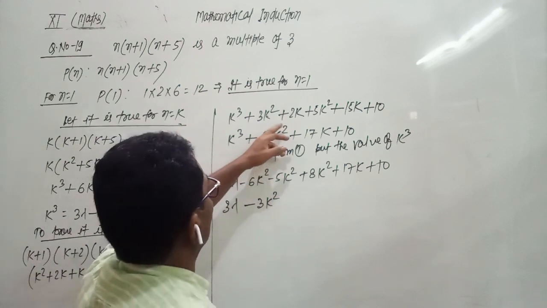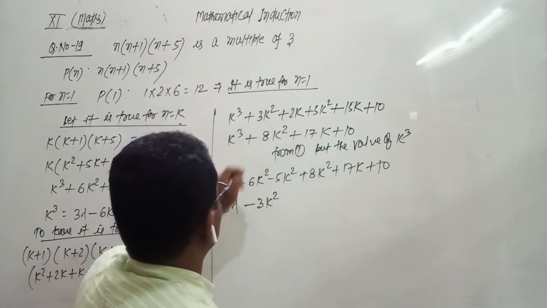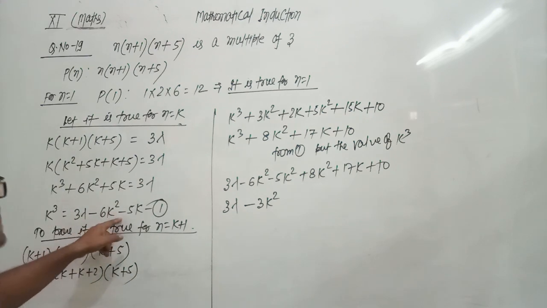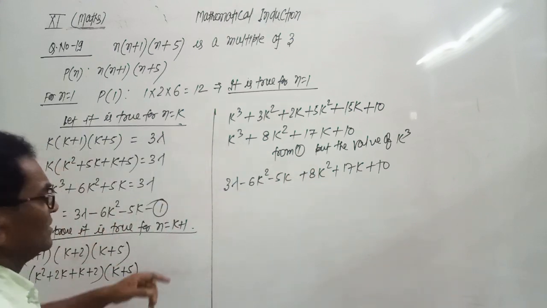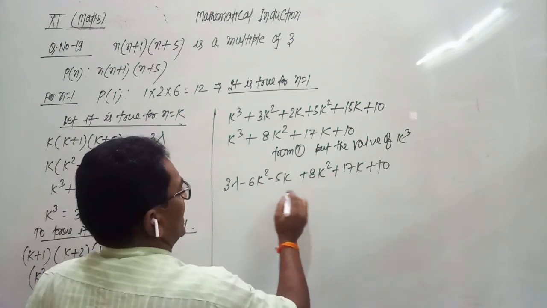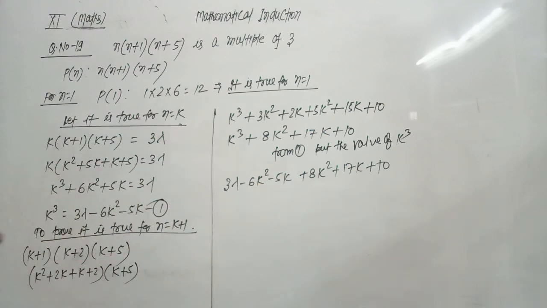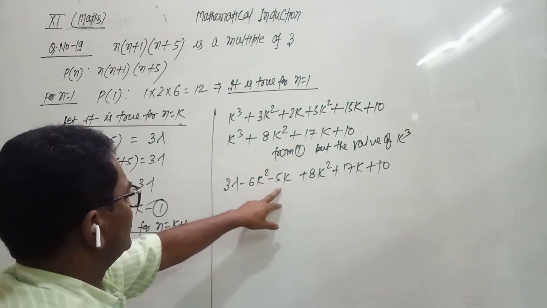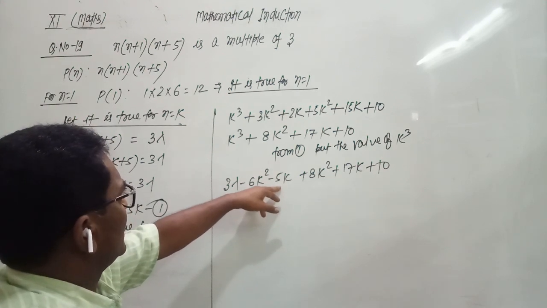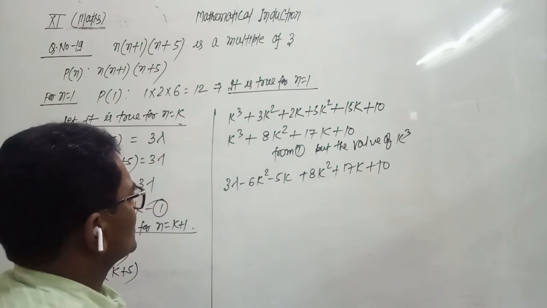So 3 lambda minus 6k square minus 5k, then plus 8k square.